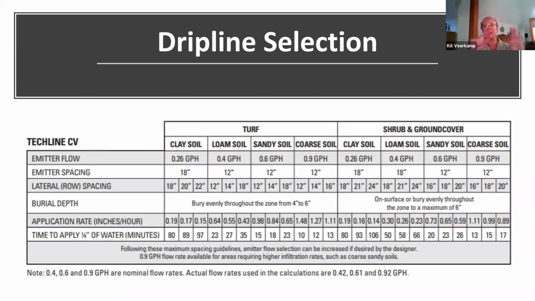You've got your different emitter flows. They even put the soil type right there for you, so you can cue into that and go, okay, I know what I'm supposed to use. And then depending on how loamy, how clay, how sandy, etc., you can have some room to play there in terms of the spacing of those lines apart.